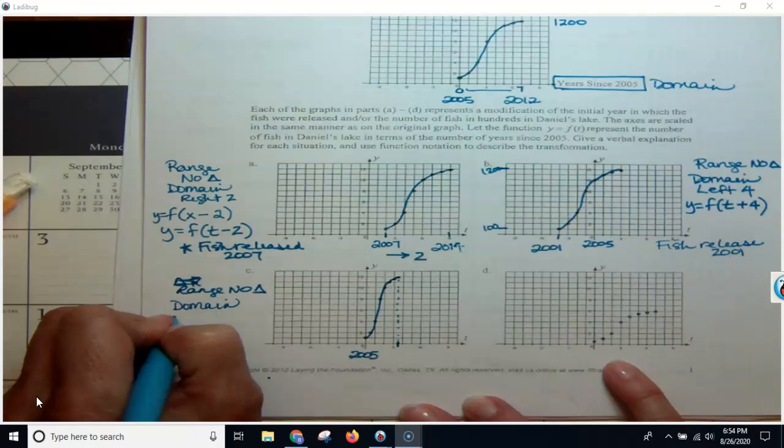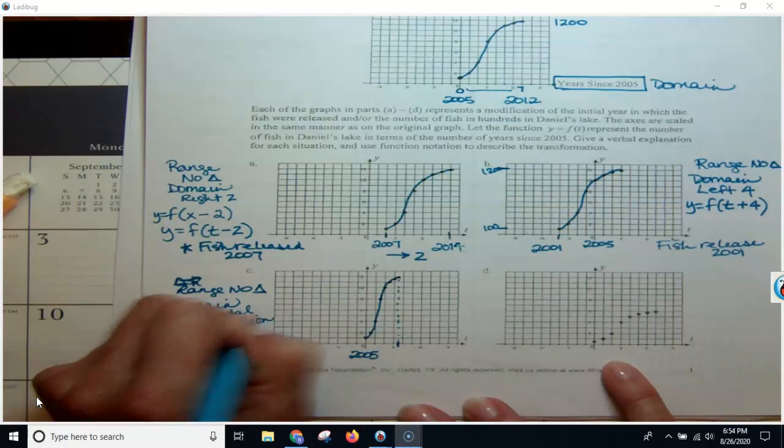So we have a horizontal compression by a factor of, and you're all thinking 1/2, but it is a factor of 1/2.